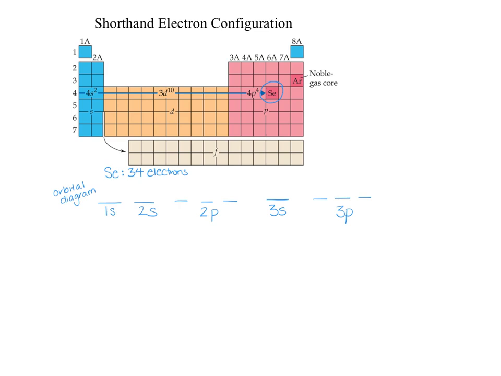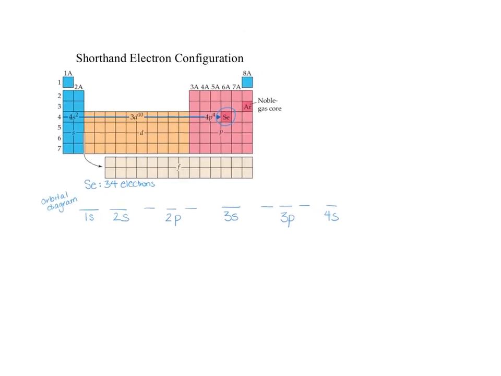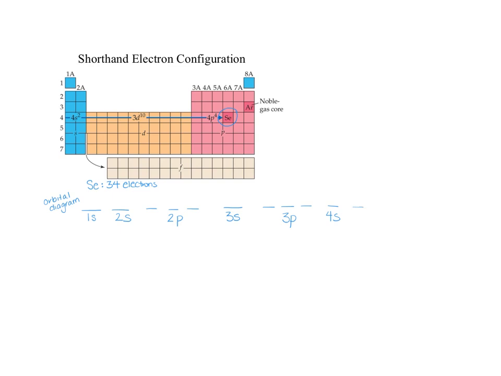And so I'm going to go ahead and write those down. And I just want to check to make sure that I didn't leave anything out. And it looks good. So now I'm going to go in and fill up my electrons. I've got to fill up 34.